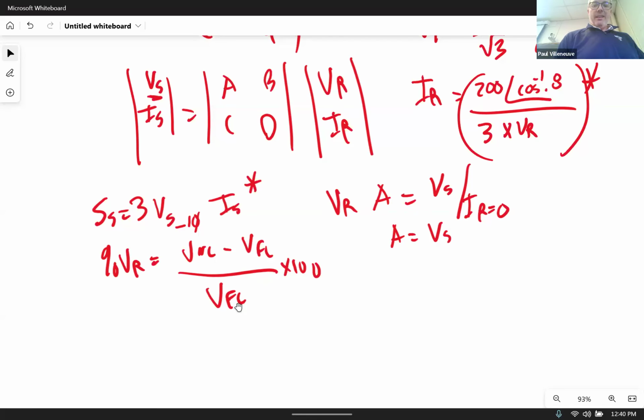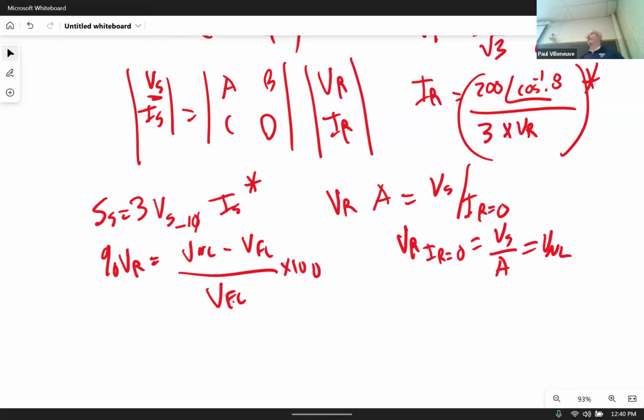Isn't that the definition of no load? VS divided by A is the VR at no load because IR equals 0. You can see that even in here, right? VS equals A times VR, and if IR is equal to 0, there's no component. So you can directly get the no load voltage just by dividing VS over A.